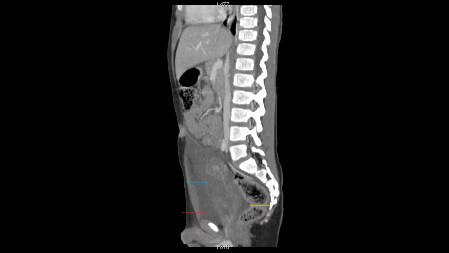The sagittal reconstruction shows the anatomical details and the pathological changes to a better advantage. The blue arrow points to the tear in the urinary bladder. The yellow arrow points to the intraperitoneal fluid. And the red arrow points to the extraperitoneal fluid at the space of Retzius.